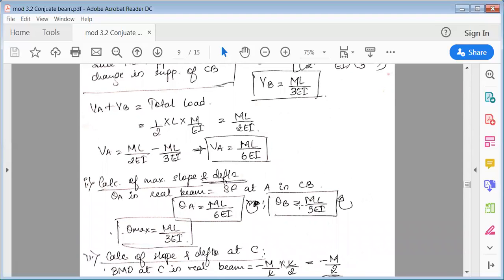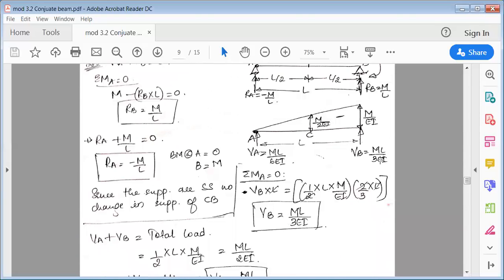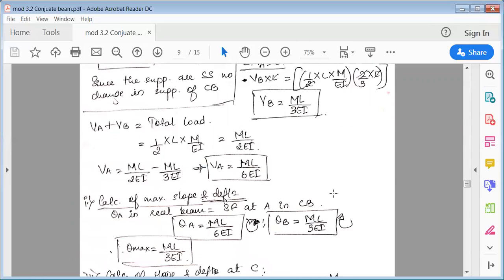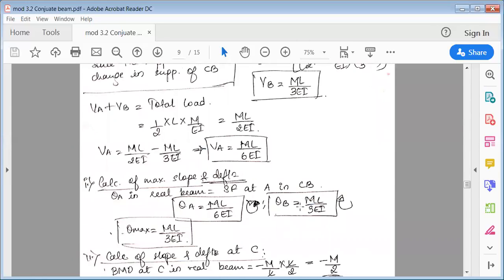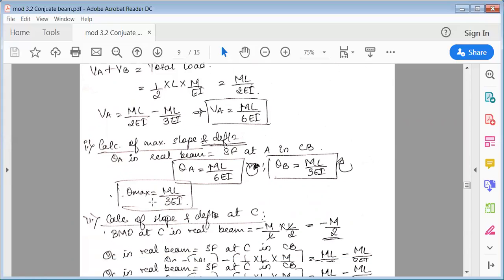Similarly, theta B is VB. Here it is different, not like the previous one. VB is also positive, which is ML by 3EI. So theta max would be at B, that is ML by 3EI.